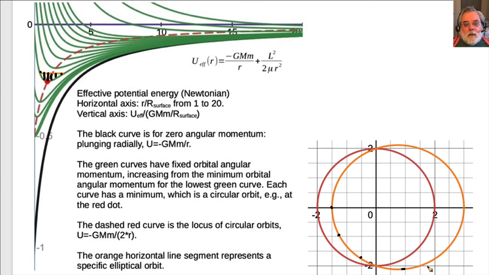We're still going outward. Once we get to here, we're at the maximum, and the radial kinetic energy is 0, and then we're going to come back toward the minimum.